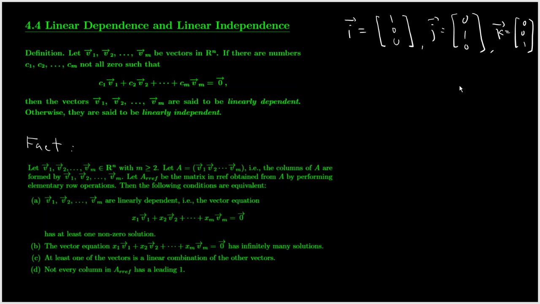Can I use u, v, and w for the three vectors? Let's say u is the vector 1, 0, 0. That's actually i, but now I want to use u to denote the vector. Now let's say v is the vector 0, 1, 0.